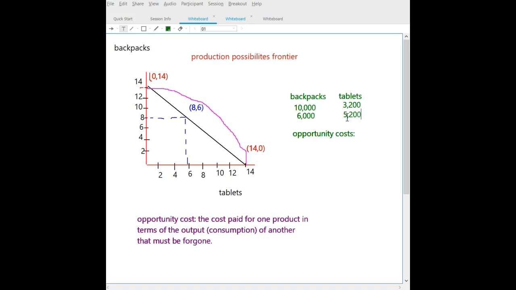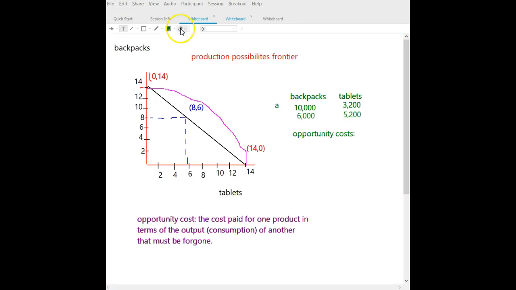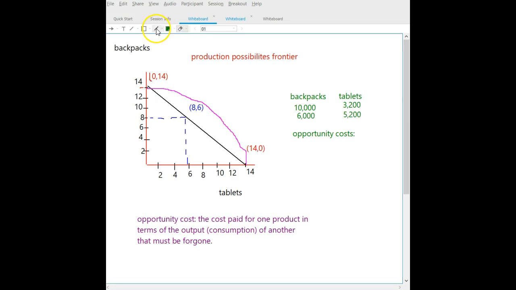When we're producing one or the other, we'll call this point A and point B. Actually, let's call this point B. So if we draw these points in the graph, say B is here.